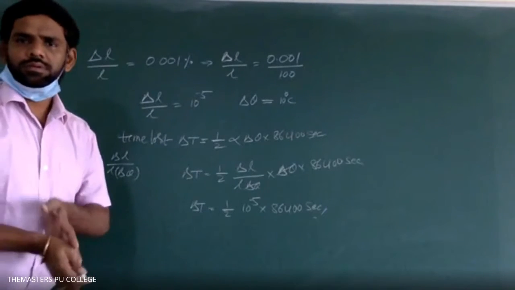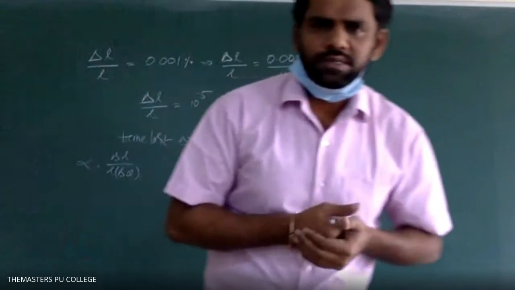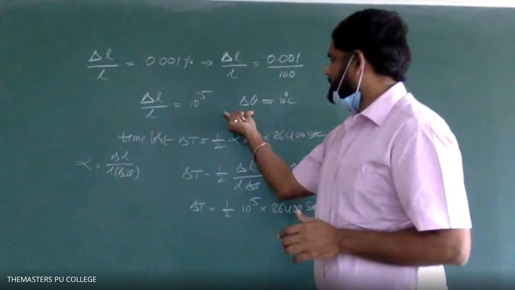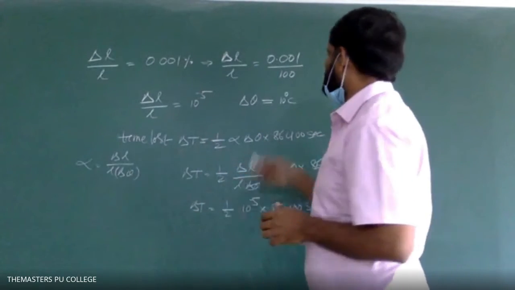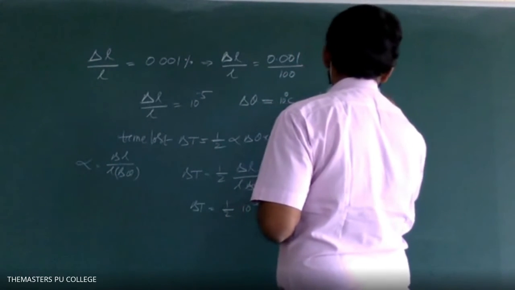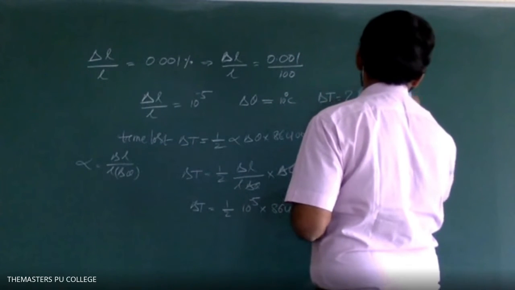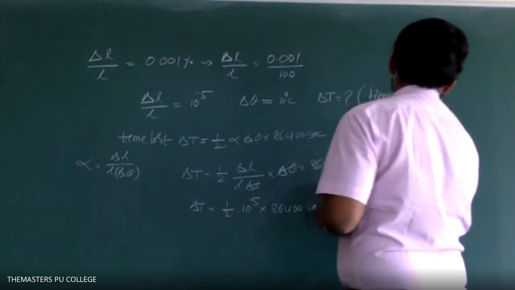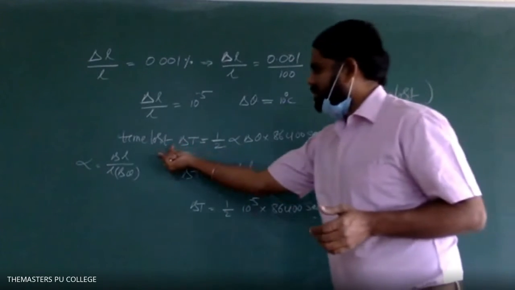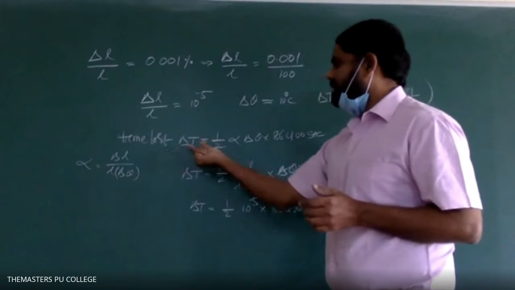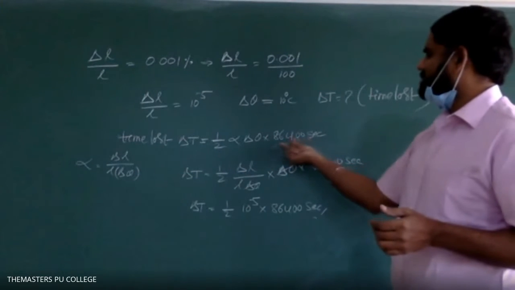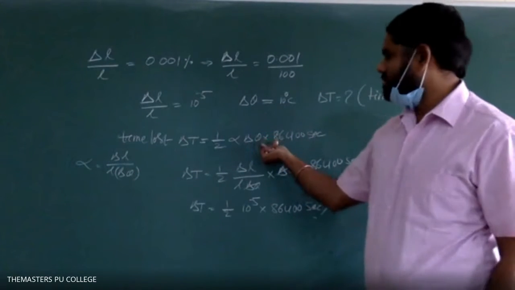Got it, students? This is the data they have given. They asked you to calculate delta T, the time lost by the pendulum per day, which we already discussed: half alpha delta theta into 86,400 seconds, since per day it is 86,400.